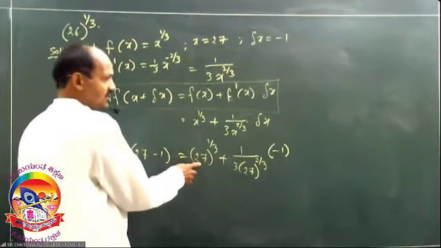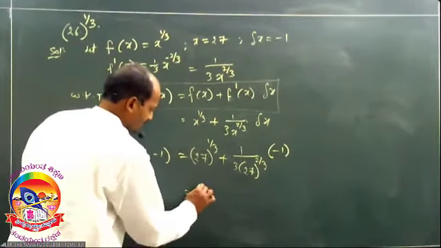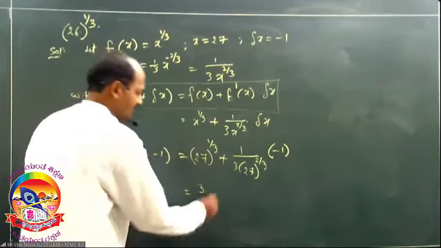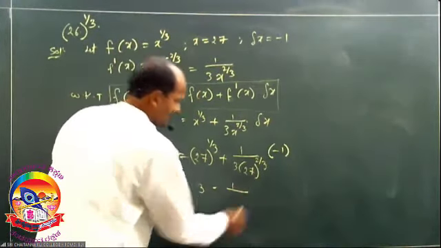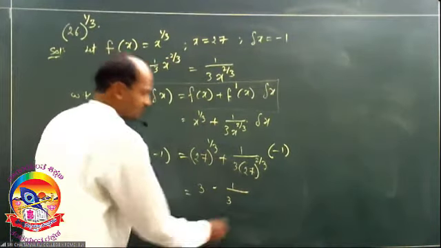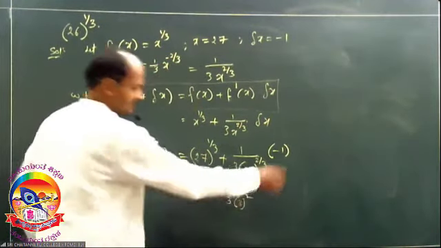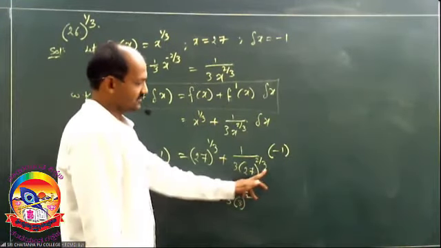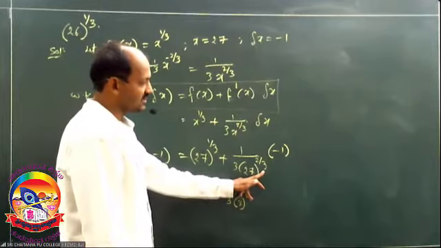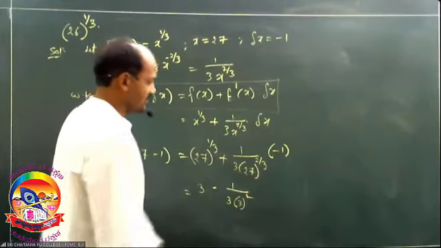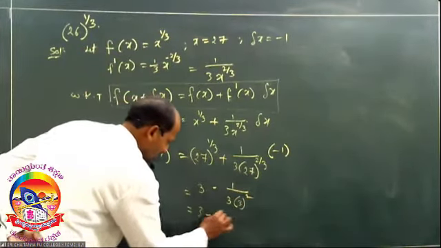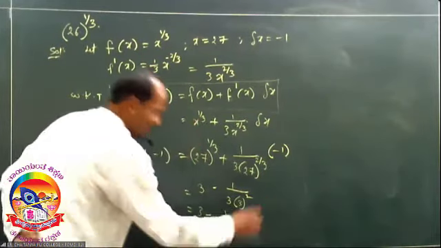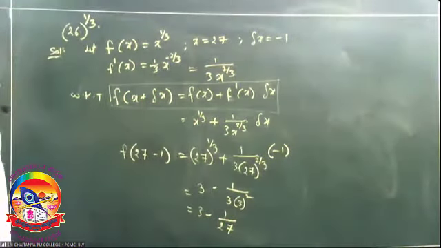It is the cube root of 27, its value is 3, minus 1 divided by 3 into 3 square. 27 power 1 by 3 is 3. 3 whole square. It is 3 minus 1 divided by 27.